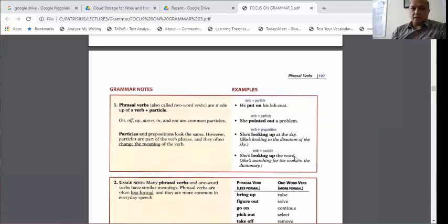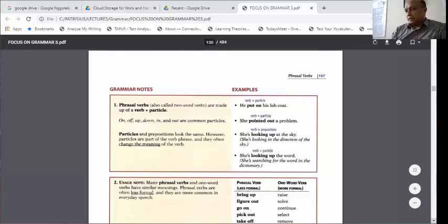Melihat di atas kata. Doesn't make sense, right? Because now when it becomes a phrasal verb, it takes on a different meaning. So looking up the word here means mencari arti kata di dalam sebuah kamus. So keep it in mind that every phrasal verb has its own meaning, which is different from the individual word which makes up the phrasal verb.